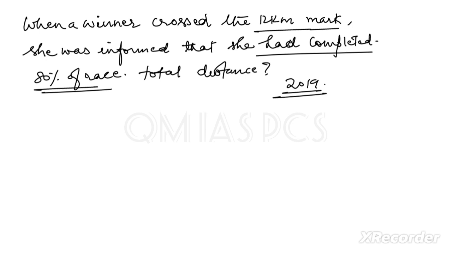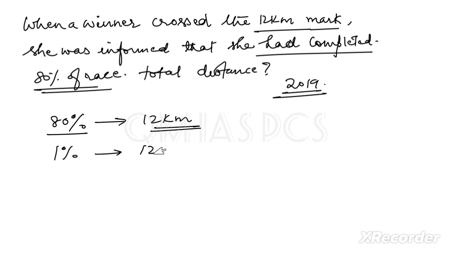Okay, so in a simple way, the runner got to know she completed 80% of that race, and that is 12 kilometer, right? So in terms of the unitary method, 1% will be 12 by 80.